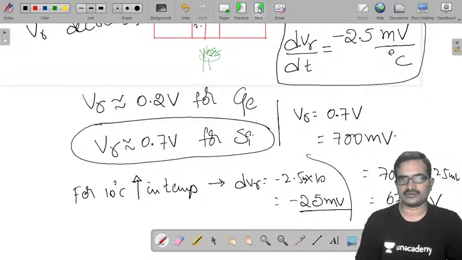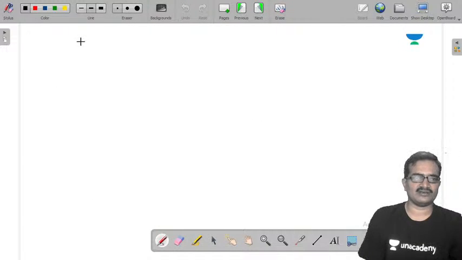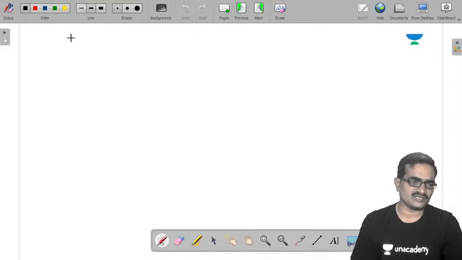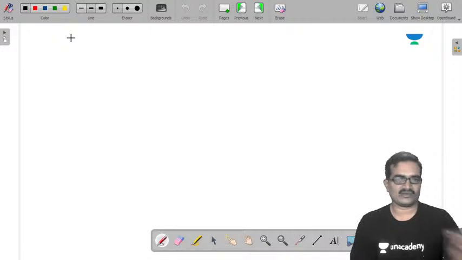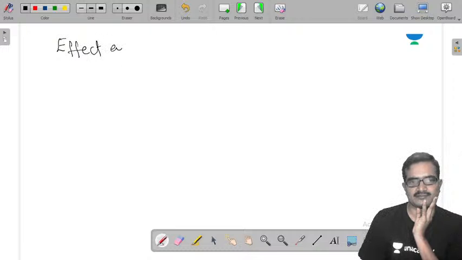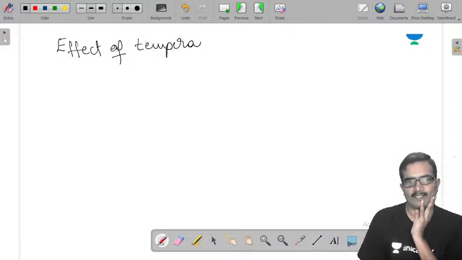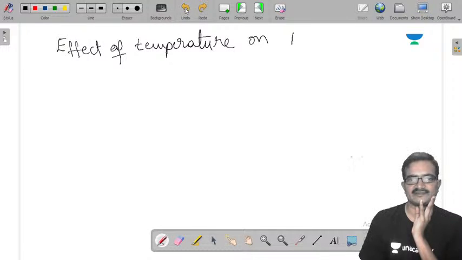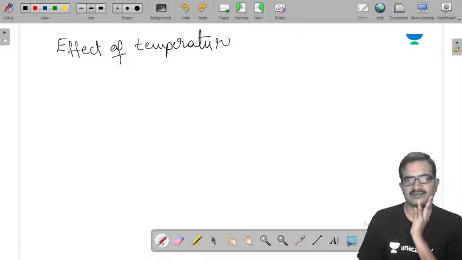Next I am going to the effect of temperature on I naught. This is the important parameter, because I naught seems to be very small, but the effect on that I naught is not that easy. The effect of temperature on I naught, the reverse saturation current, in reverse bias.